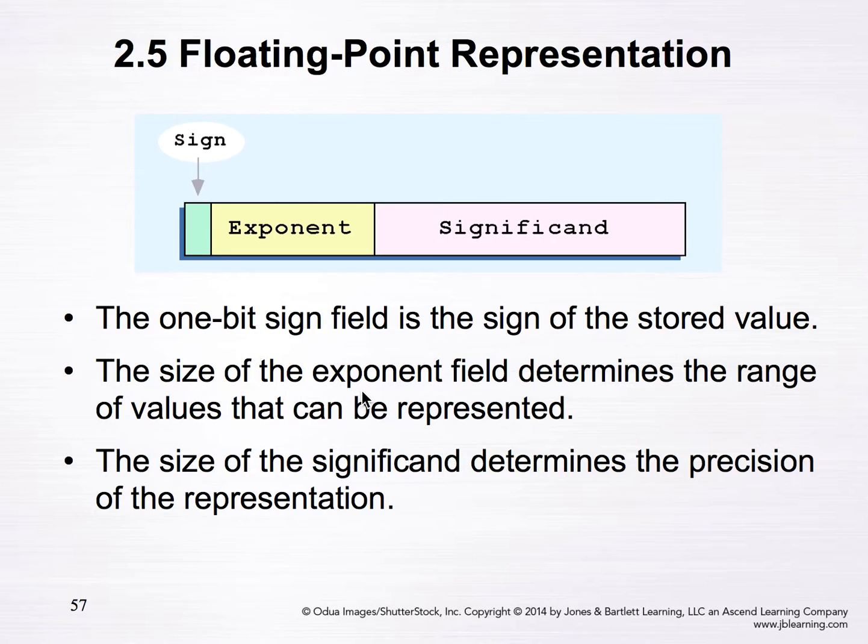The size of the exponent field determines the range of values that can be represented, so with a larger size we can represent a larger number. The size of the significand determines the precision of the representation. This part basically represents the fractional part of the real number.